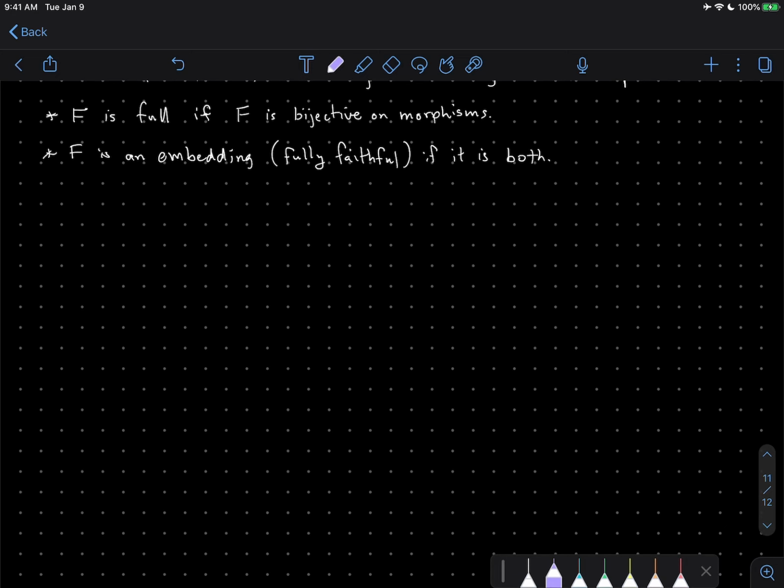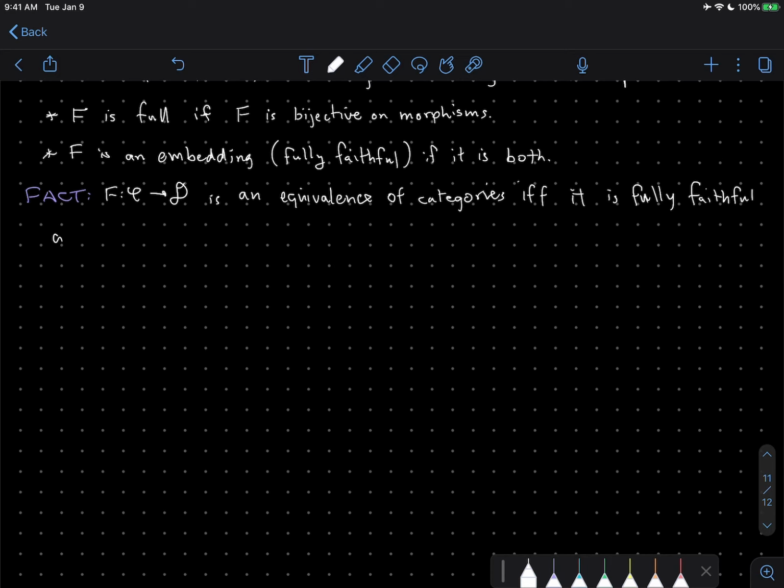The fact, which I will not prove, is that F is an equivalence of categories if and only if it is fully faithful and not surjective, but essentially surjective, meaning that for all D in D there exists some little c in C such that F of c is isomorphic to D, not equal, but isomorphic.